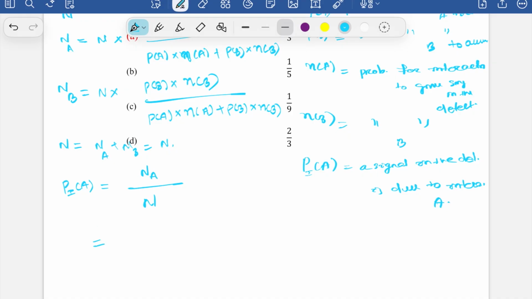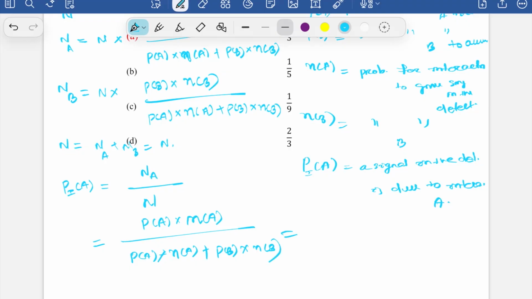And if you substitute, you can get P(A|signal) is equal to PA times eta A divided by PA times eta A plus PB times eta B.